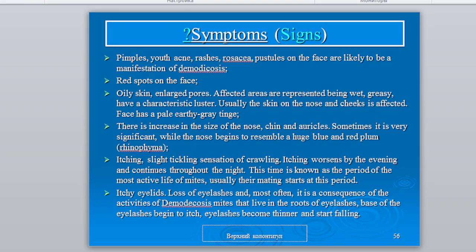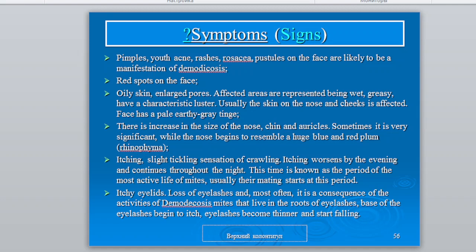Next, symptoms, signs. Pimples, youth acne, rashes, rosacea, pustules on the face are likely to be a manifestation of demodicosis, red spots on the face. Oily skin, enlarged pores. Affected areas appear wet, greasy, and have a characteristic luster.